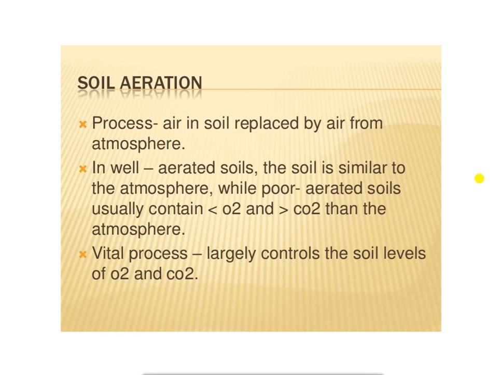Then soil aeration is the process of exchange of gases between soil air and atmospheric air. It is the most important vital process which largely controls the levels of oxygen and carbon dioxide.